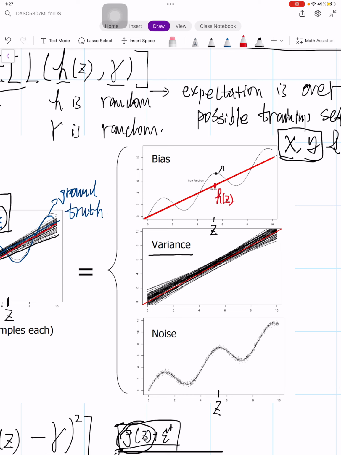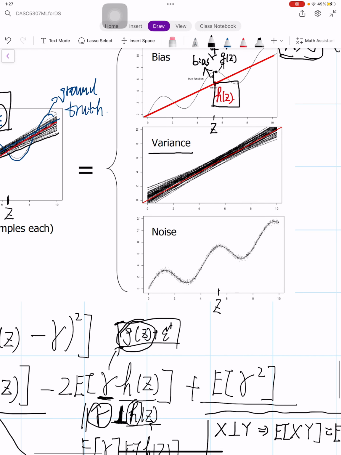This curved line is our ground truth, so it's the ground truth at z. So this difference is the bias of h. No matter how you fit the data, whatever algorithm you use, the difference between the ground truth and your proposed function is called bias.